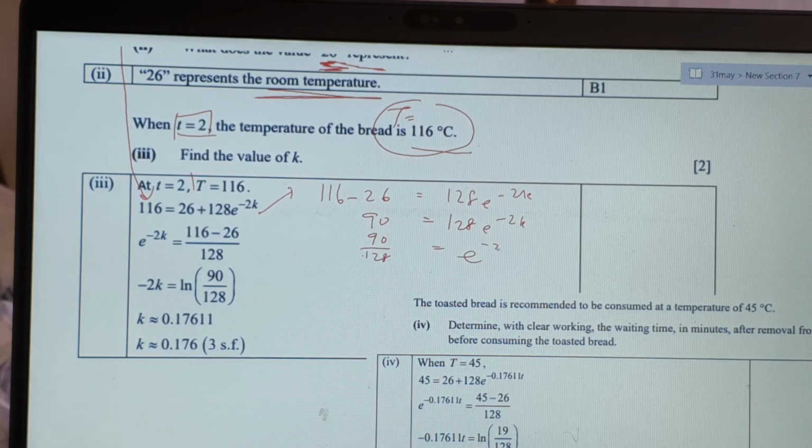When the E is alone on one side, then you take ln on both sides. Cannot take log, must take ln. Why? Because ln is reserved for natural log. Now after you have done this, you can bring this down using the power law.